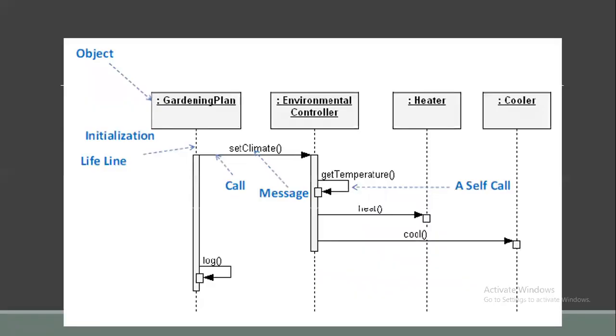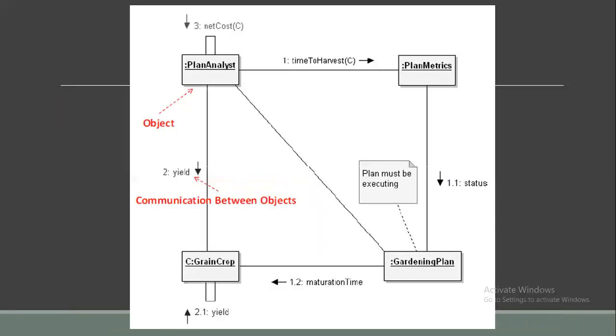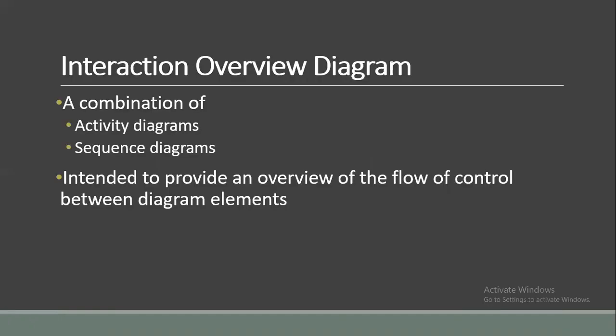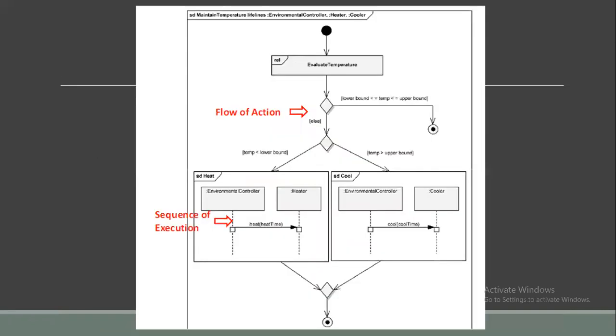The sequence diagram will be something like this, and you will be learning how to develop a standard sequence diagram. And we have the communication diagram. And we have the interaction overview diagram.